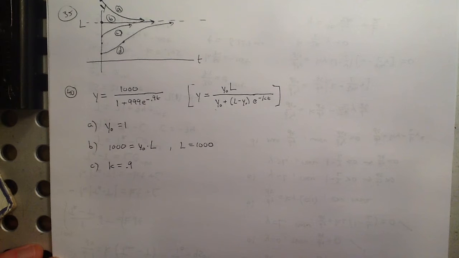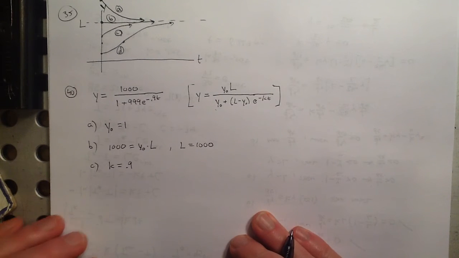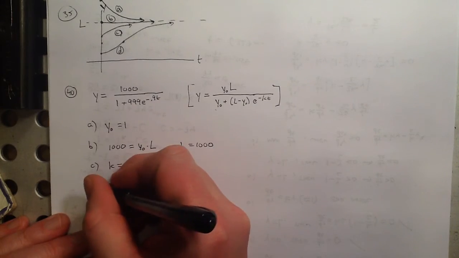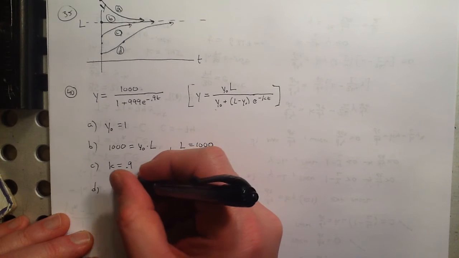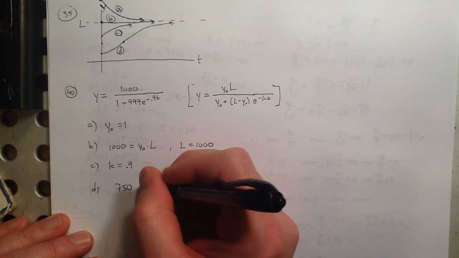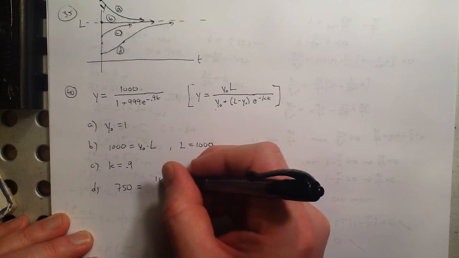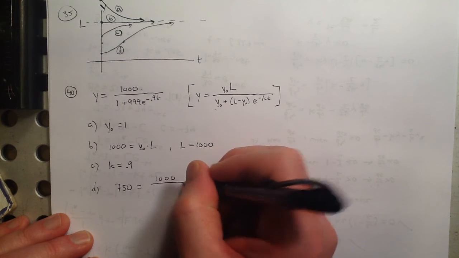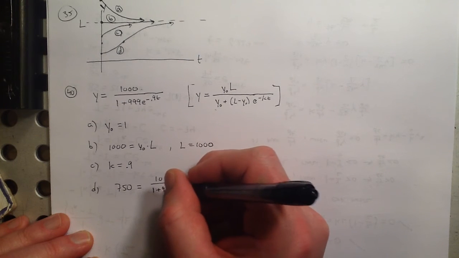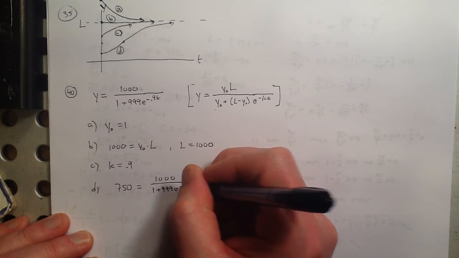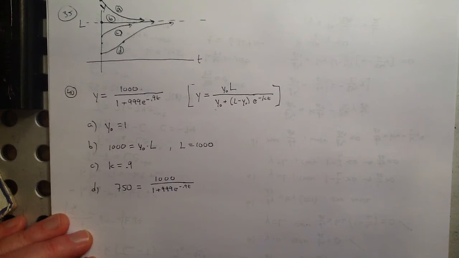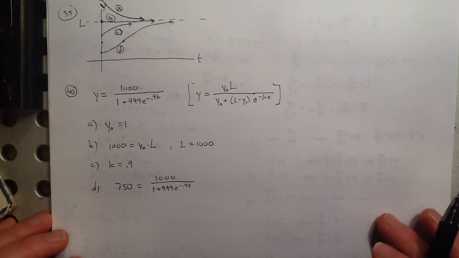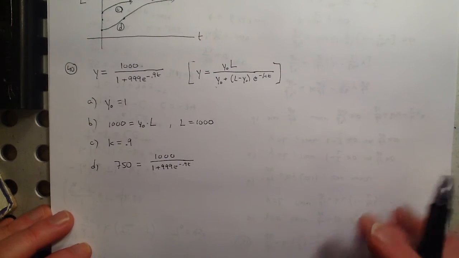And part D, when does the population reach 75% of the carrying capacity? Well, 75% of the carrying capacity would be 750. So they're basically asking us to solve this equation here for t. Let's go ahead and do that.